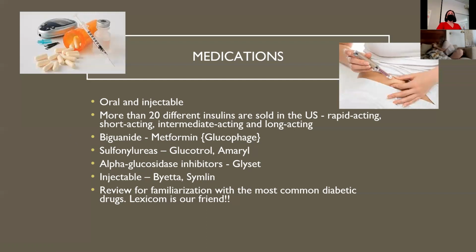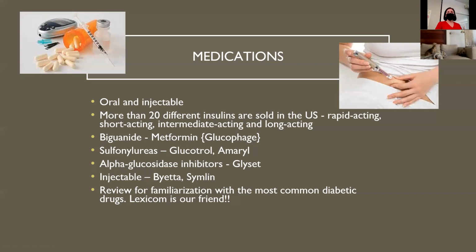And many people with diabetes are also treated with anticoagulants, antiplatelet drugs, antihypertensive drugs, and cholesterol drugs, the lipid lowering drugs, because we have all those chronic complications that come with patients with type 2 diabetes.